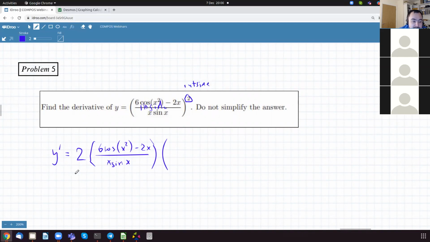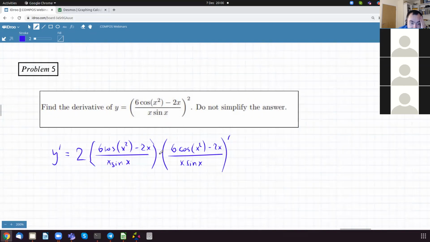What we do is we find the derivative of the outside function, times the derivative of the inside function. A very detailed explanation of this is given in the assignment. So the derivative of the inside function, 6 cos x squared minus 2x divided by x sine x, prime. Now, we don't need to do anything with this because all we need to do is this.